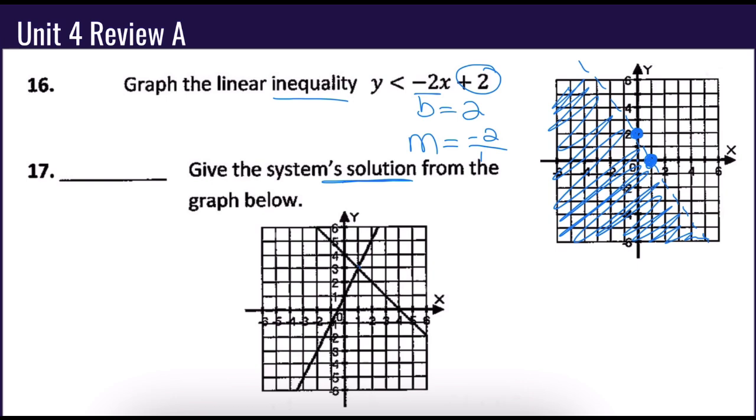And for this question, they are crossing right here, and the point is 1, 3. And so the solution to the system of equations is the point 1, 3. Or you could also say it as x equals 1 and y equals 3. They're both right answers.